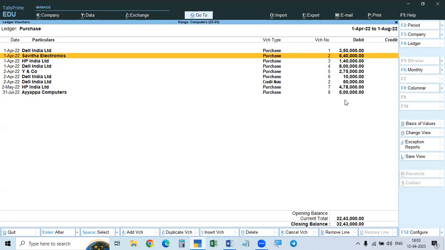So due to that or any other reason, we may return the goods to him. When returning, we may return the whole consignment, the total stock, or only some units or some stock items, whatever it may be.